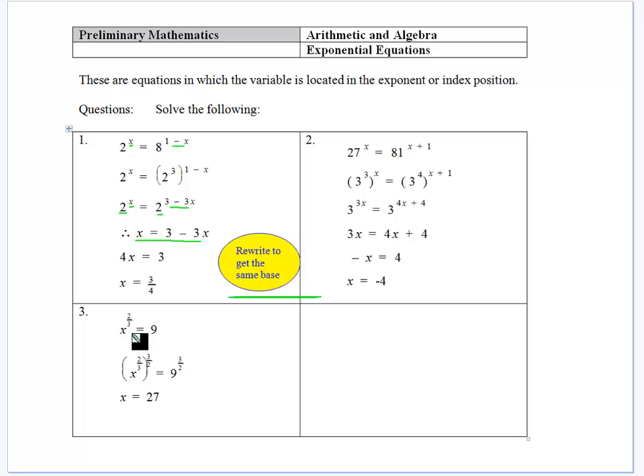This one's not too much of a problem, but we can solve it this way in this case. How do I reverse x to the power of 2/3? We put it to the power of 3 on 2. So we put one side to the power of 3 on 2. We put the other side to the power of 3 on 2. So we get 9 to the power of 3 on 2. Throw it in your calculator, but again, you would know that that would be the square root of 9 cubed.